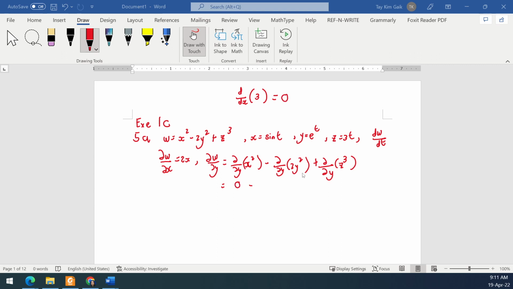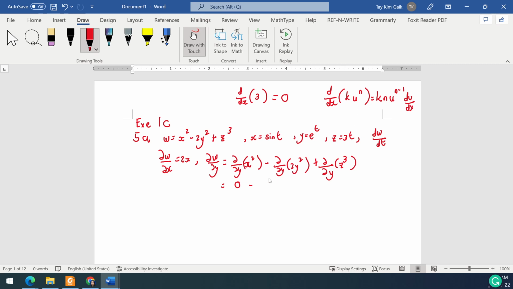2y squared, let's say you d/dx k times u to the power n. K is a constant, you have k, and then u to the power n, you have n u to the power n minus 1, and you have to differentiate u, du/dx.